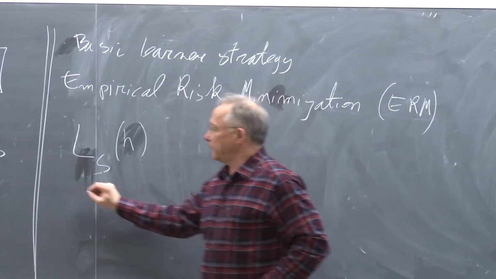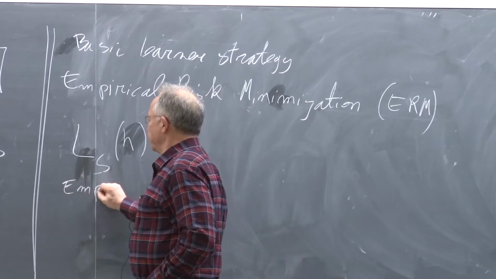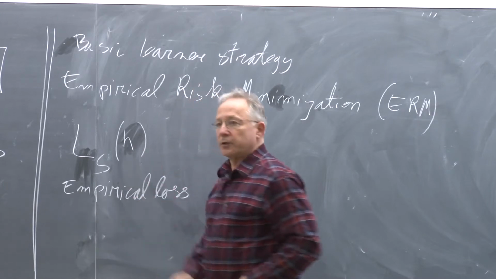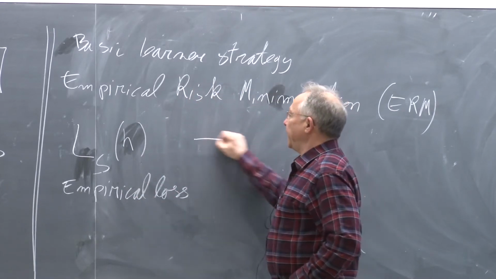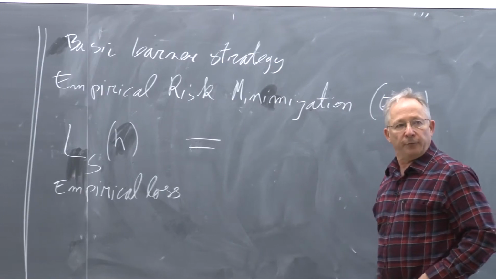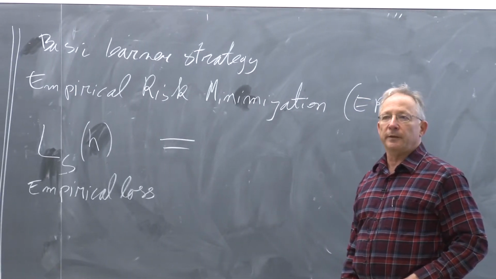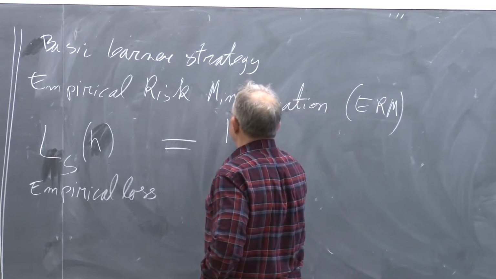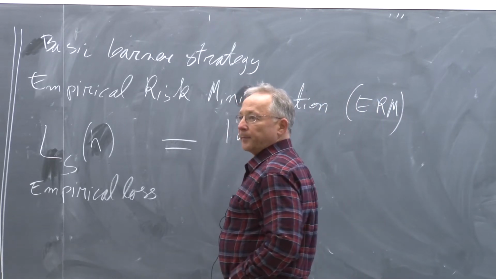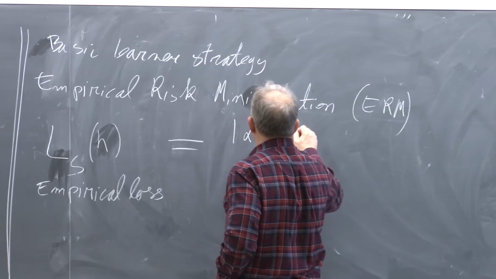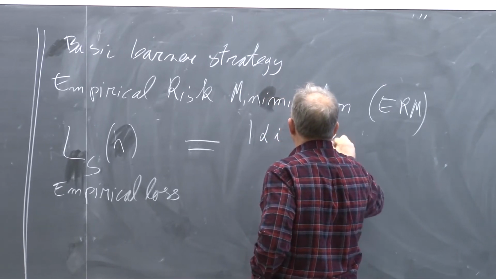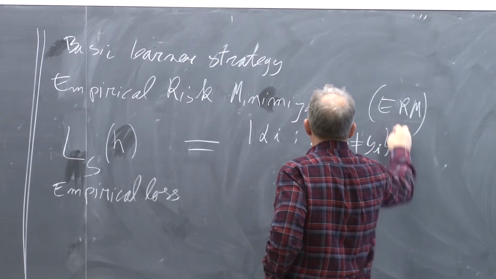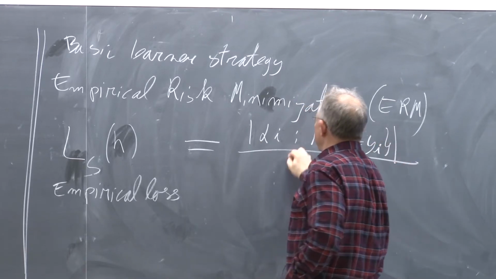It is also called the empirical loss of H. And how will it be defined? It will just be defined as the fraction of points on which our H errs. So it's going to be the size of the set of all i such that H of x_i is not equal y_i, divided by the size of S.